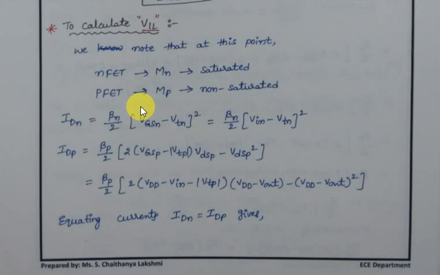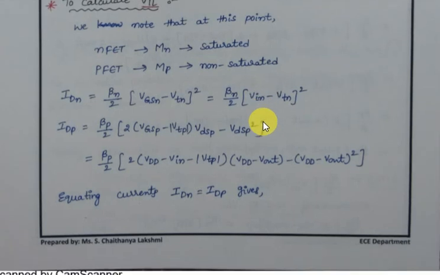The first step is to equate the Mn saturation equation and the Mp non-saturation equation. As we know, for Mn the saturation equation is beta n by 2 times (VGS minus VTN) whole square. Here we take Vin as VIL.